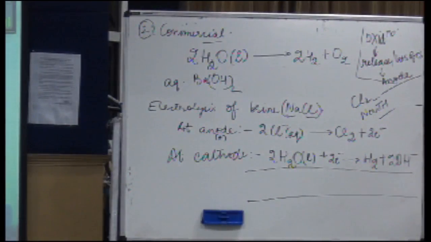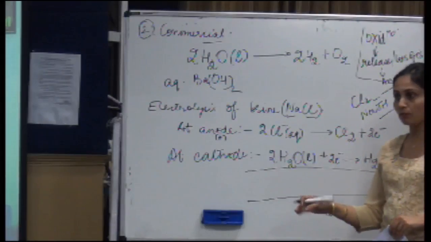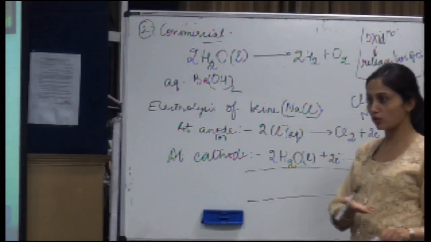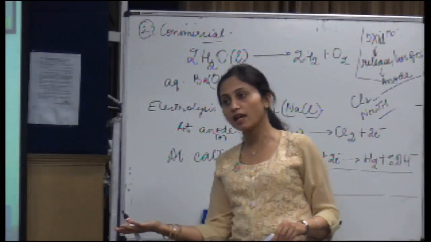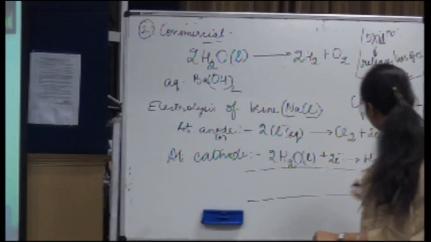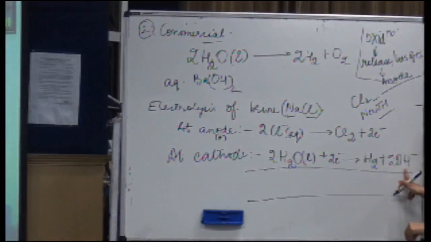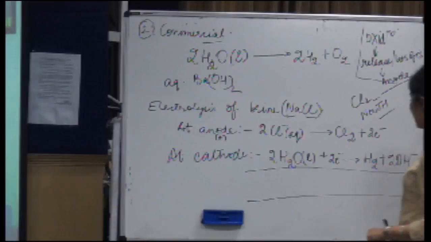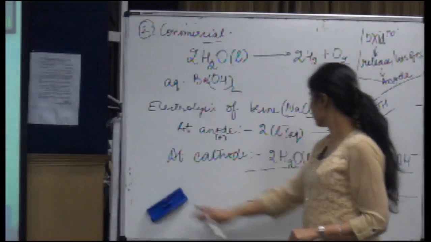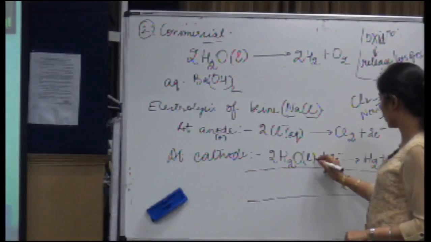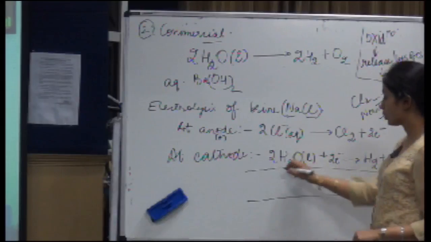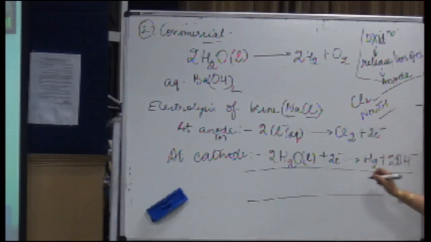And then whatever Na plus is left in the electrolytic medium, क्योंकि electrolysis हमने electrolytic medium किसको लिया था? NaCl का aqueous solution. So that Na plus will react with your OH minus. You can write Na plus here also. That Na plus 2H2O plus Na plus 2 electrons giving H2 plus 2 NaOH. That will be one and the same thing.